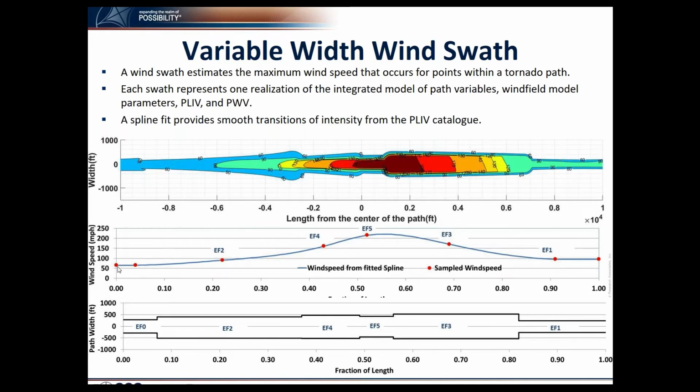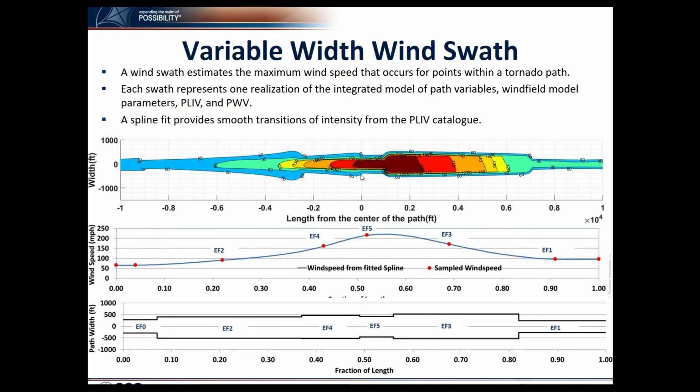This red dot shows the maximum wind speed along this tornado track, and we fit it with a spline, run the wind field model, and develop the swath. This is the produced swath, and you can see this EF5 wind event only produces wind speed greater than EF5 wind in a very small area.